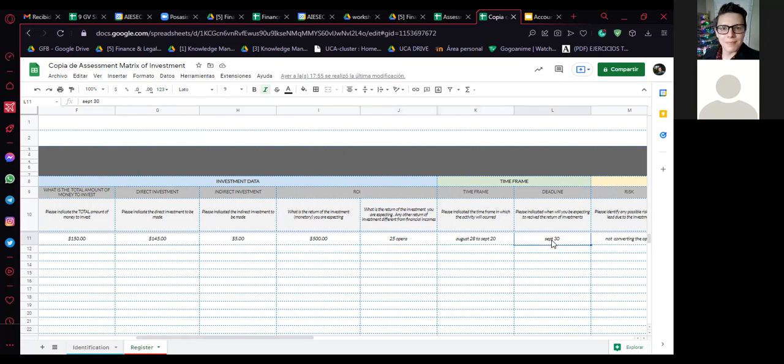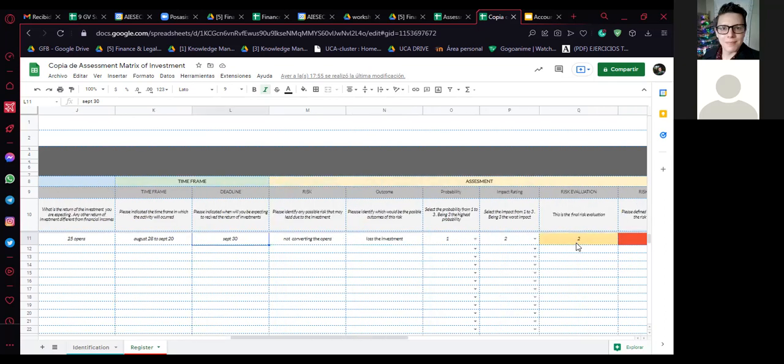And the deadline you have to receive the return of investment will be September the 30th, because you are thinking, okay, maybe they are going to make the one open at the middle of the ad campaign, and they will have to convert it during that time until September the 30th, when you are expecting to receive the $500 and a report of the 25 opens that you are seeking.